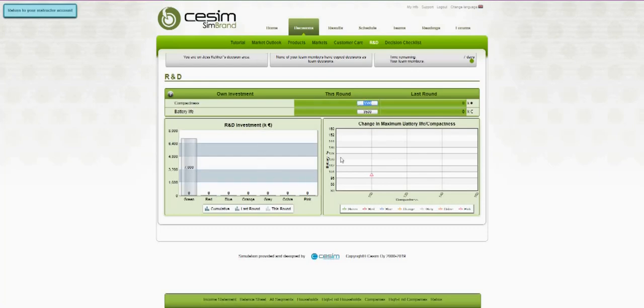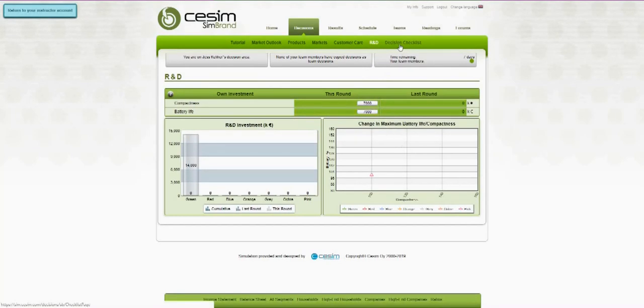In future rounds, you'll be able to see how much extra money you can make on this. So it suggests 3,500, but obviously you can do as much as you want. The more you spend on research and development, the better your product's going to be. But this is a choice about how much.